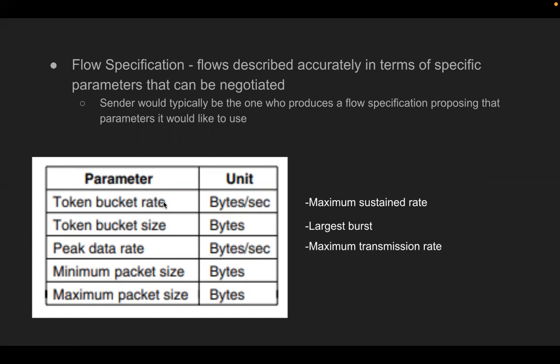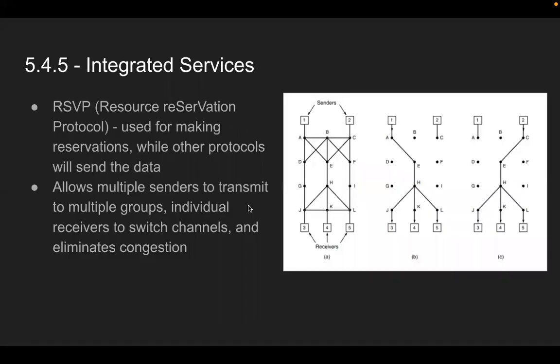The rate is the rate a packet might be sent in, and the size is the largest burst anything could be. Then the peak data rate is the maximum transmission rate, and then the minimum and maximum packet size are the smallest and largest packet sizes that can be sent.